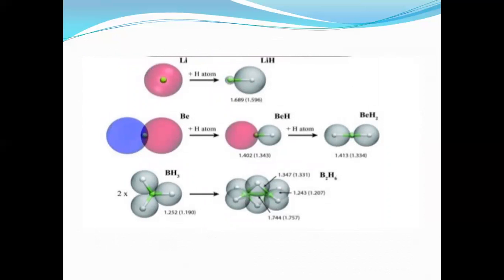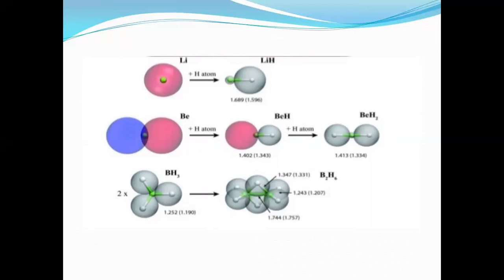Lithium plus hydrogen react to give lithium hydride, 1689 into 1596. Barium plus hydrogen react to give barium hydride, 1402, 1343, reacting with barium hydride, 1413 into 1334.